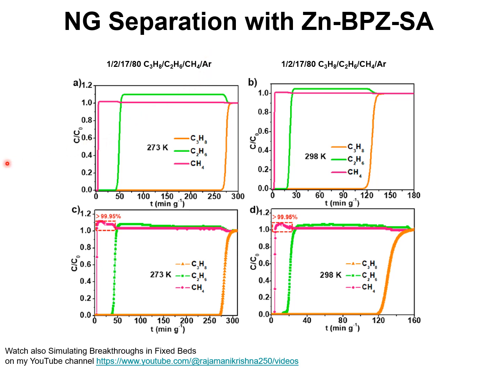The left column here are the simulations and experimental data at 273 Kelvin, and the corresponding data at 298 Kelvin are shown in the right hand side.